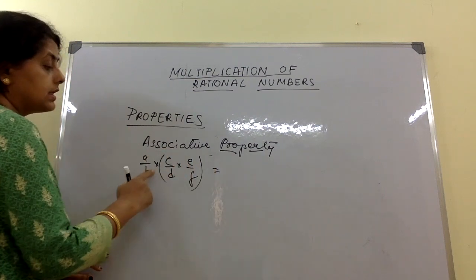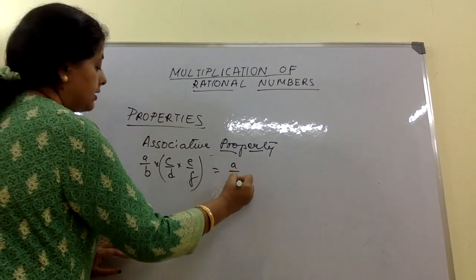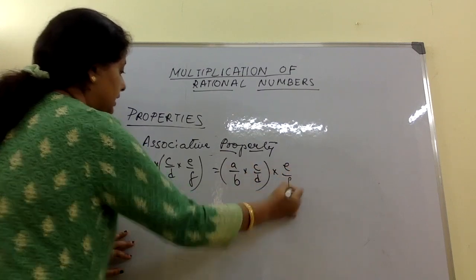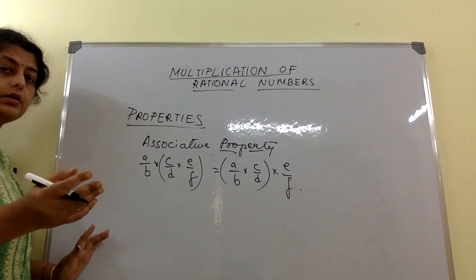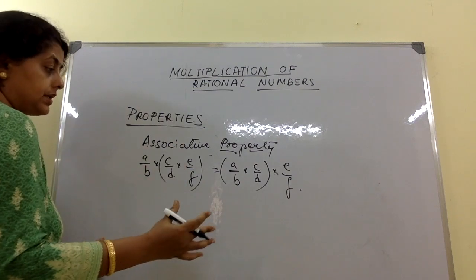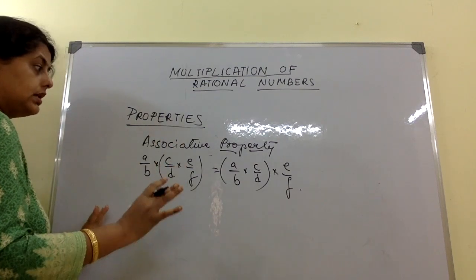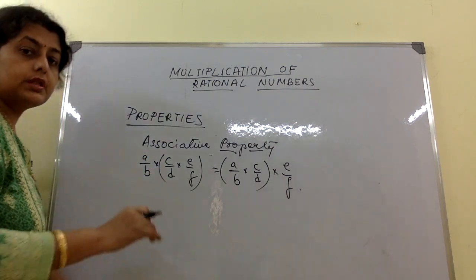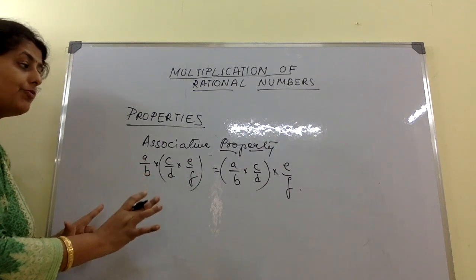Note all the signs are multiplication. So this is the associative property of multiplication.